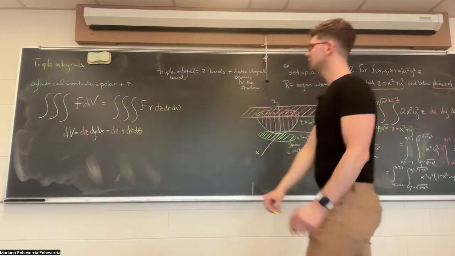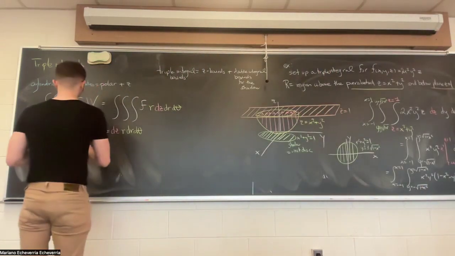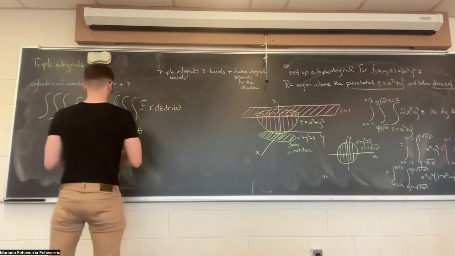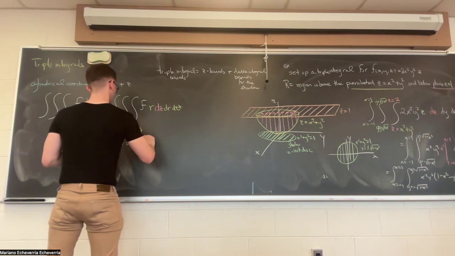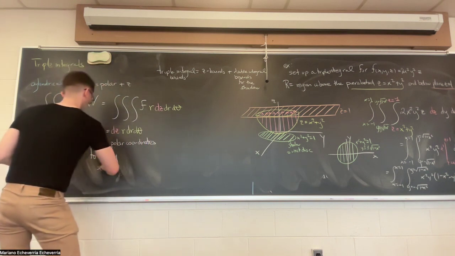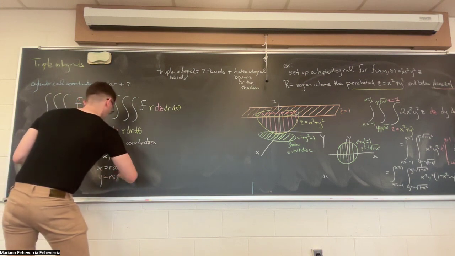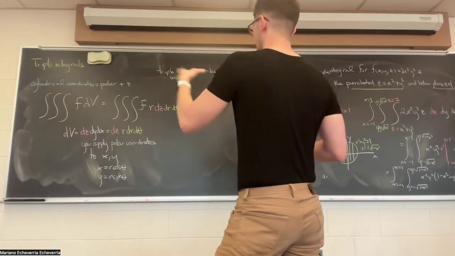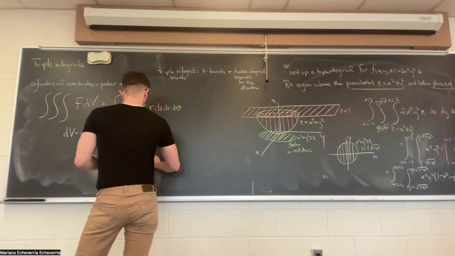Basically, what I'm trying to say is that you apply polar coordinates to the xy part of the integral, but keep z as z, and do nothing to z.